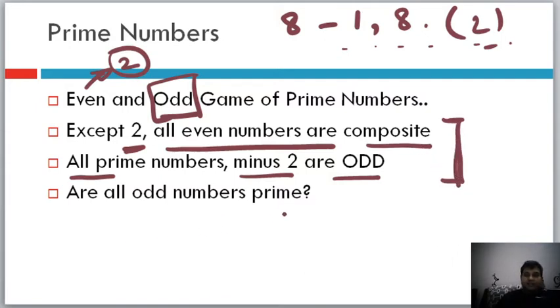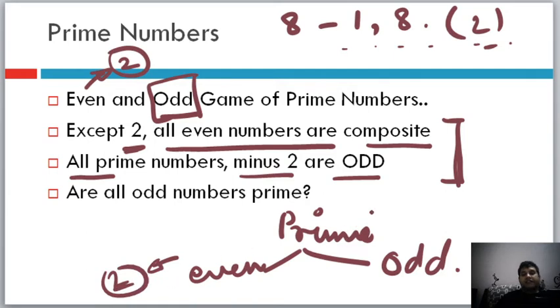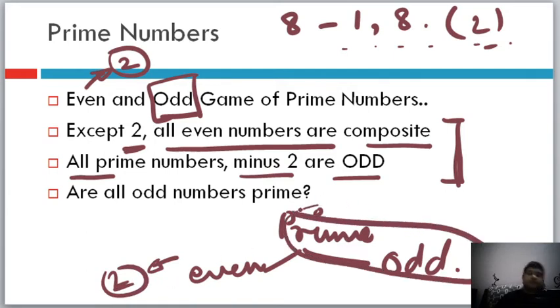So there are prime numbers में even and odd. This is even prime numbers and this is odd prime numbers. Even prime number has only one member which is 2. That's it. Okay, and the rest of the prime number family is odd. That's what it means. ठीक है ना?